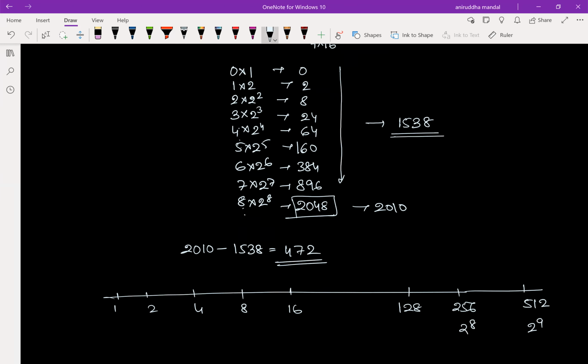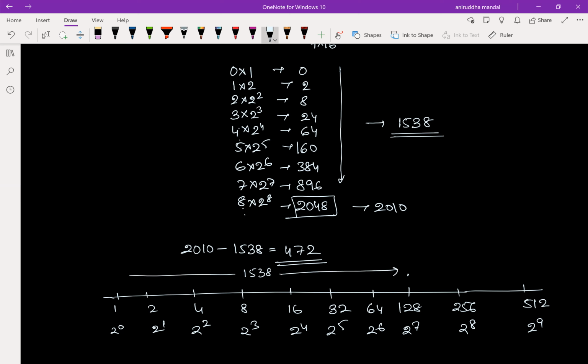Okay, now up to 2 to the power 7, we get 1538, the sum up to this number. Okay, now we have to go another 472.